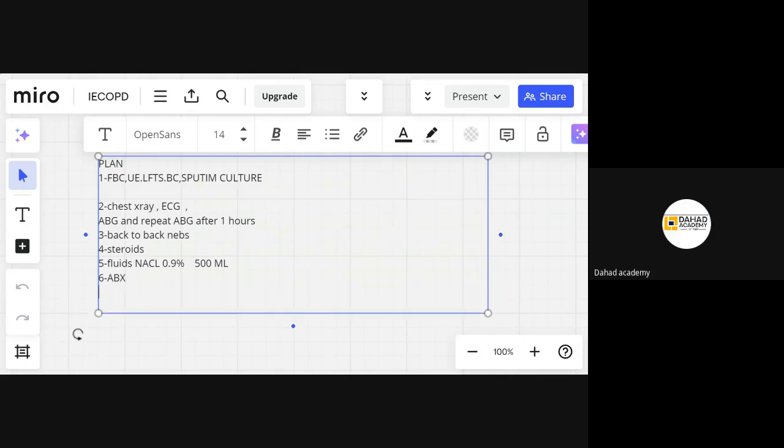And what is the escalation plan for this patient? Some patients come in with DNACPR in place, do not resuscitate.